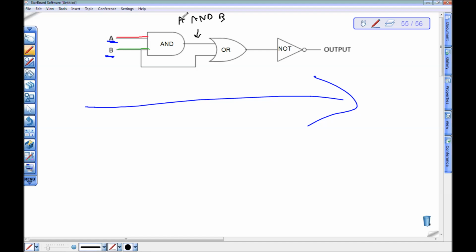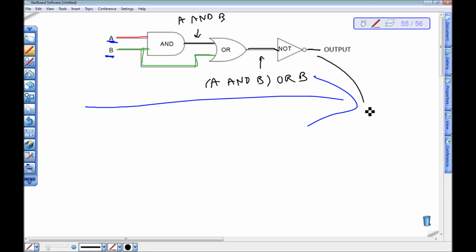So then I'll take that and OR it with something else, and that something else is, well, here I split B. So I'm going to OR (A and B) with B. So what's actually on this line is (A and B) or B. Now that comes through here and then goes through this NOT gate.